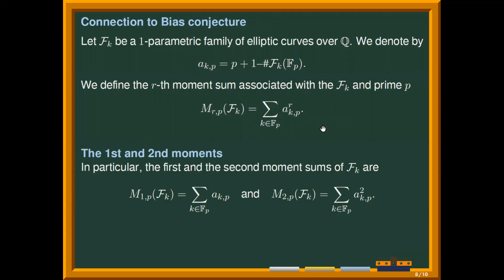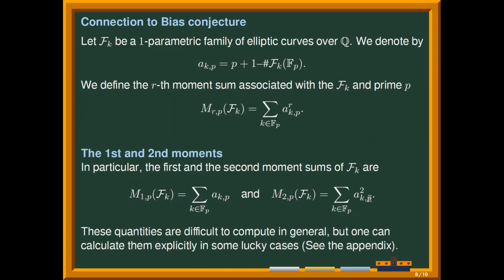In particular, the first moment is just the sum of all a_k(p) over all possible values of k over F_p, and the second moment is the sum of a_k(p) squared over k in F_p. The bias conjecture says something about this M_2(p, f_k) value.